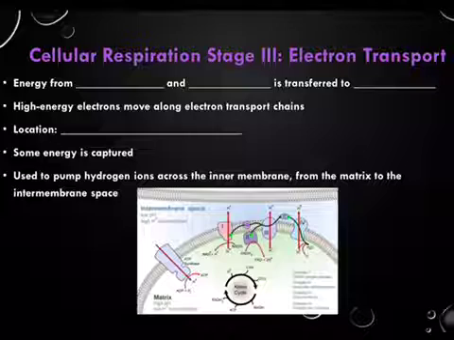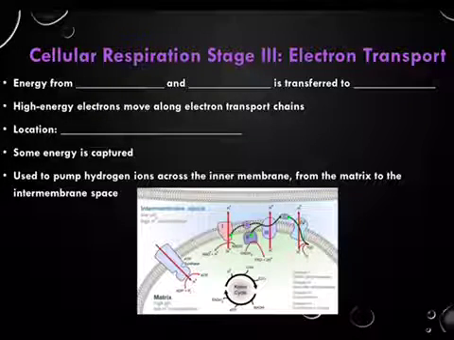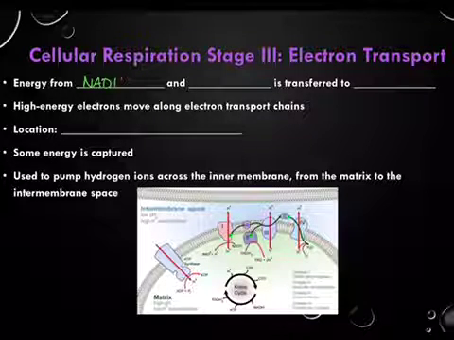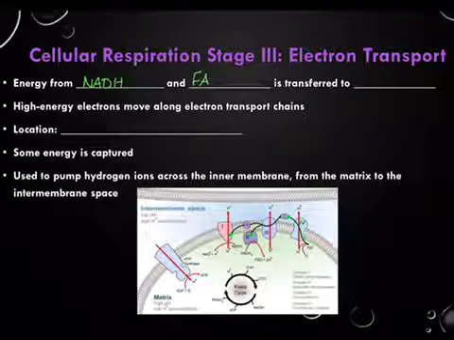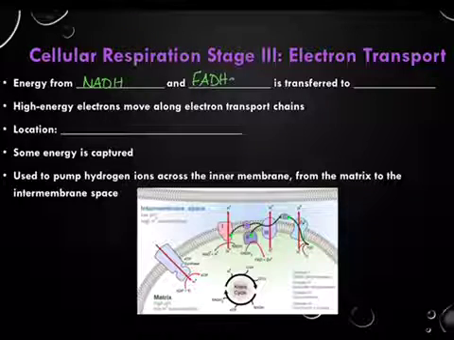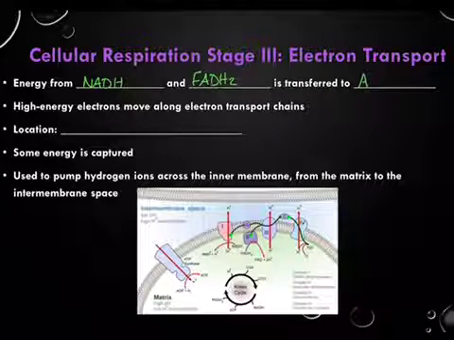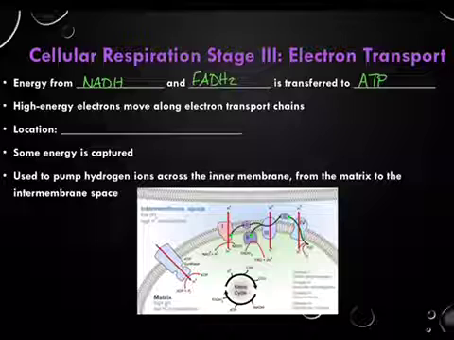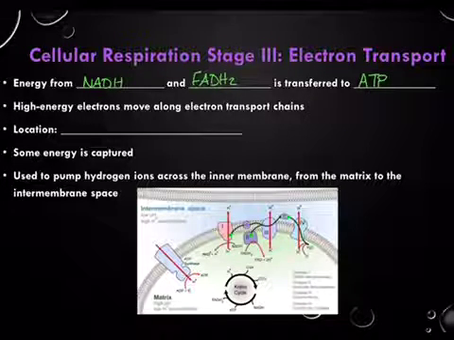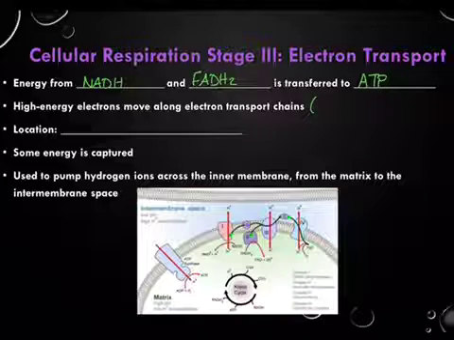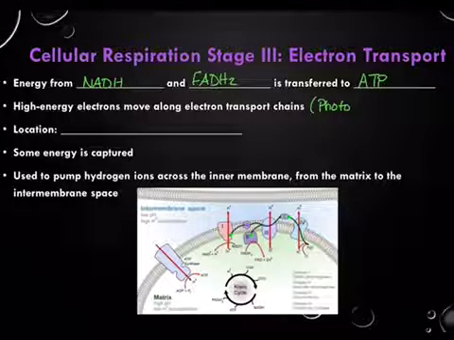So then our third stage is the electron transport chain. And so energy from the NADH and the FADH2 are transferred to ATP. This is done by high energy electrons that move along an electron transport chain like photosynthesis.